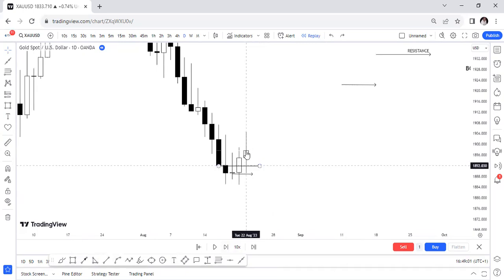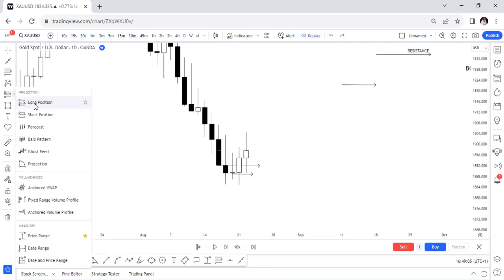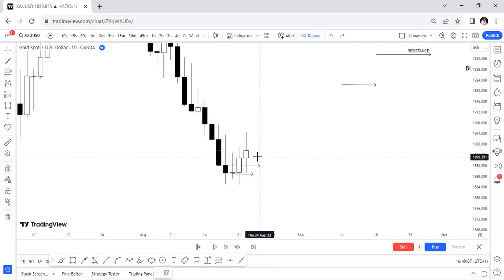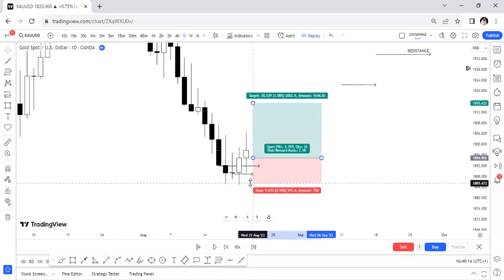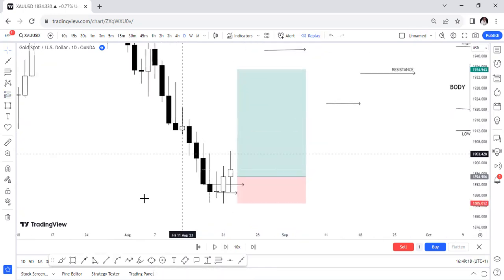Exactly what we wanted. So you put your buy position here. As you see, it has confirmed. You put your stop loss below here. Then you target the high, the next high of that move.